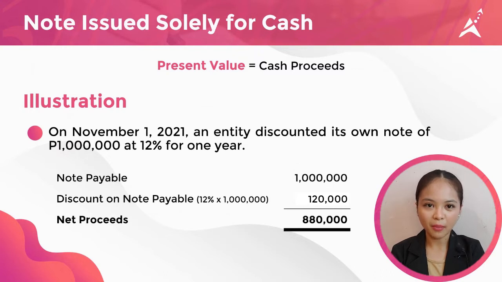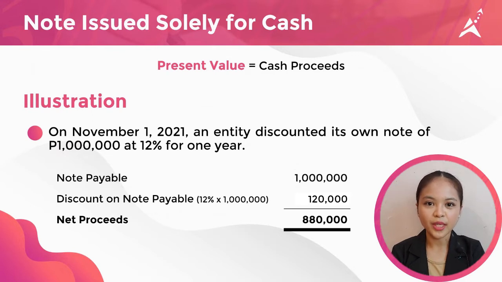So, for this problem, we will deduct 120,000 pesos, which is the discount on note payable, from 1 million pesos, and the difference will be 880,000 pesos, which is now the net proceeds. Additionally, to get the discount on note payable, we just have to multiply the 12% discount to the amount of note payable, which is 1 million.